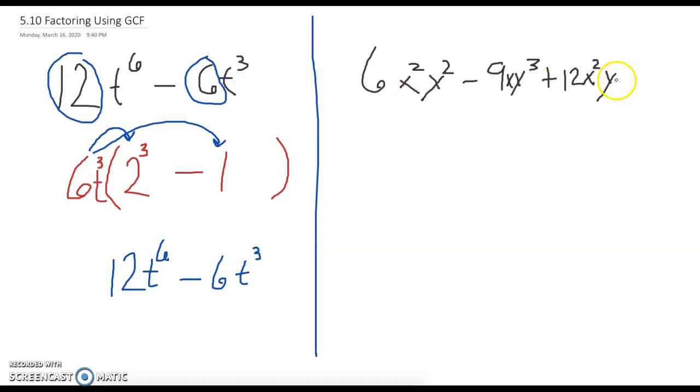We have no like terms here. However, we do have the same variables, so we can work with that. First, we have to find the GCF for 6, 9, and 12. We all know they're multiples of 3, and that is probably the highest we can go.